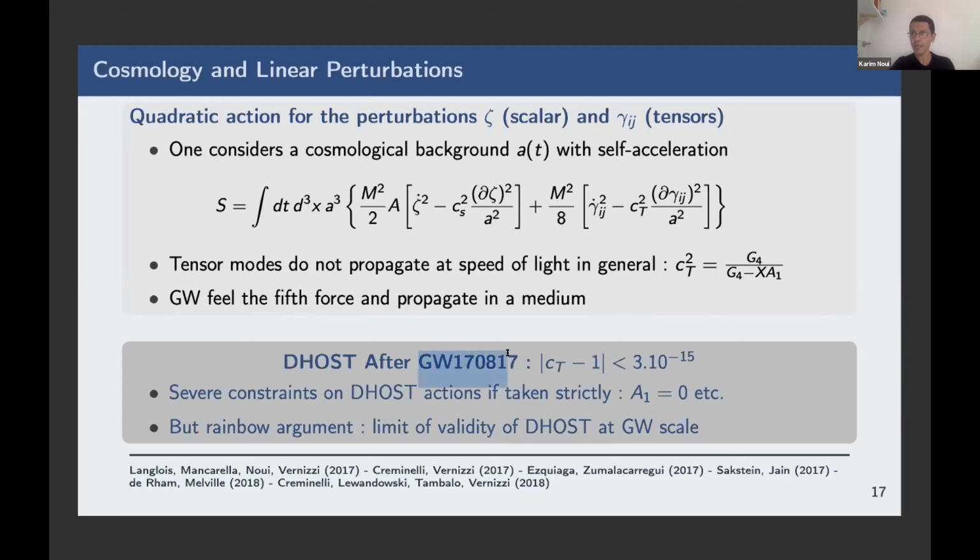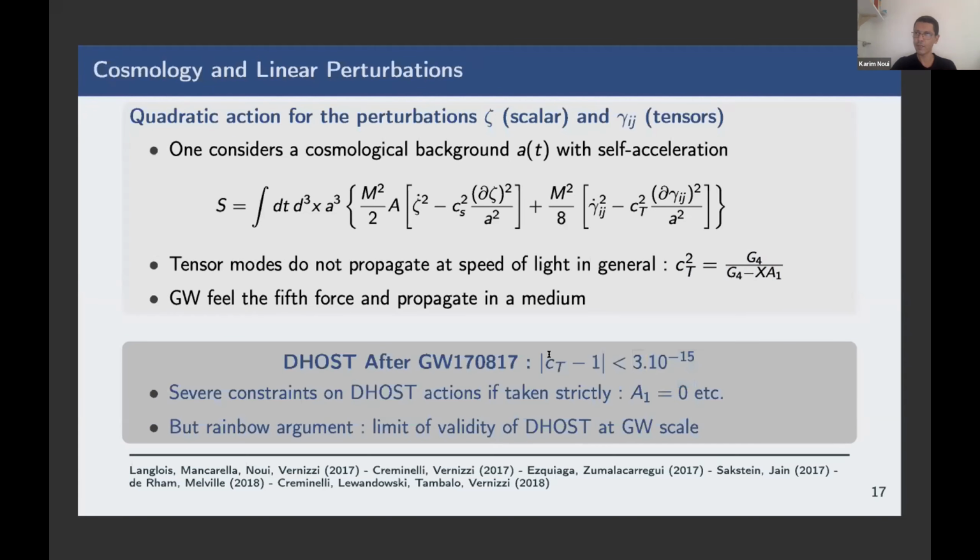And of course, we had this very famous event, 2 neutron stars merging to form a new compact object. And we were able to show that tensor modes propagate at the speed of light up to a very, very tiny value, as you can see here.